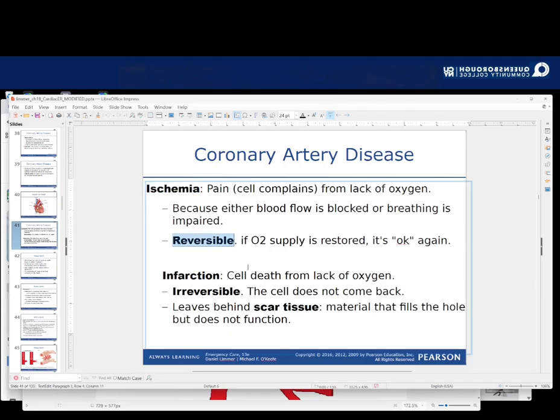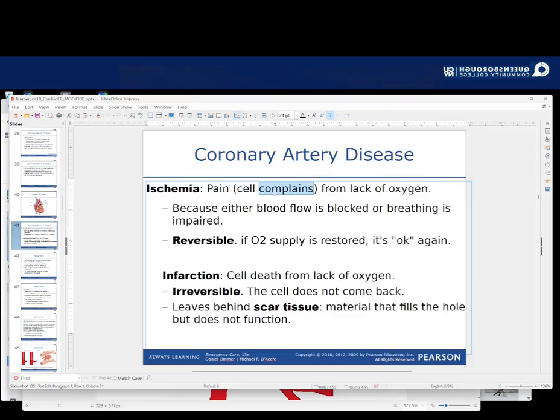If you show up too late, or let's not make it your fault, if the patient delays too long, and from their own free will, they don't call 911, then the cell will keep complaining and complaining, but the cell is running out of oxygen.